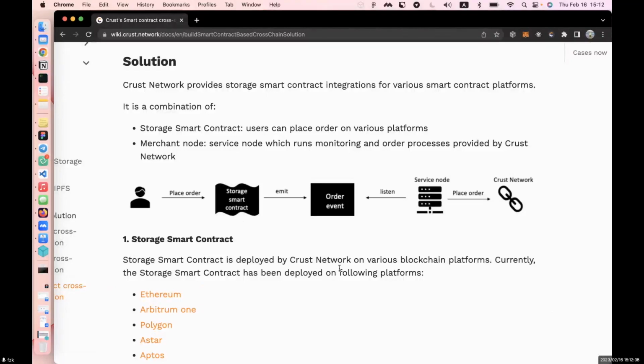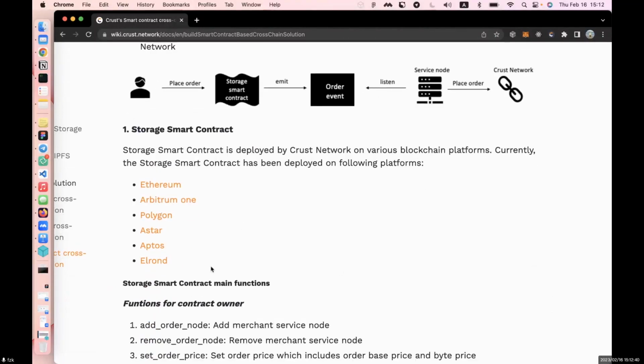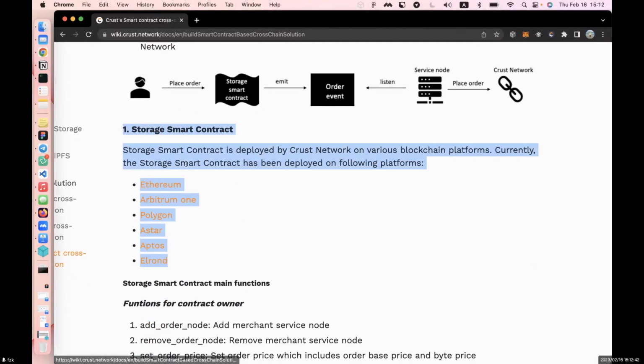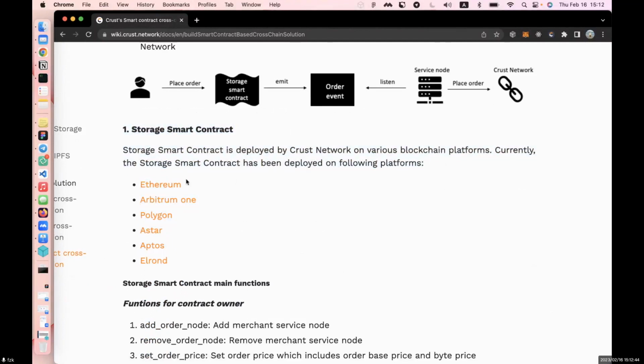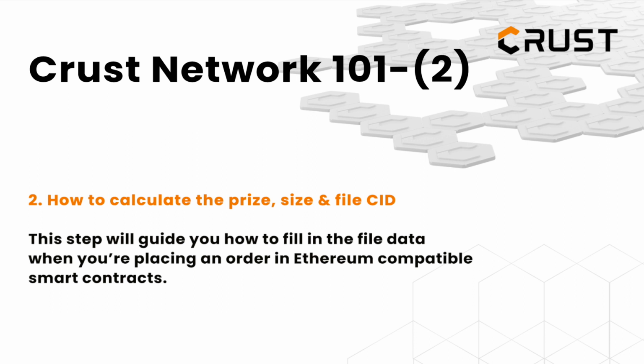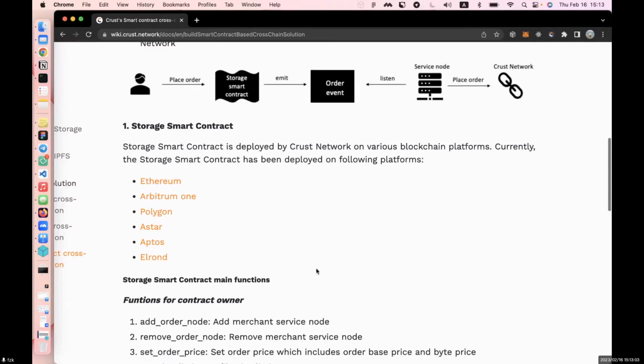We have already listed on different Web3 platforms, including Ethereum, Arbitrum, Polygon, and also Aptos. Not just Solidity smart contracts, we cover most of the major Web3 storage smart contracts.